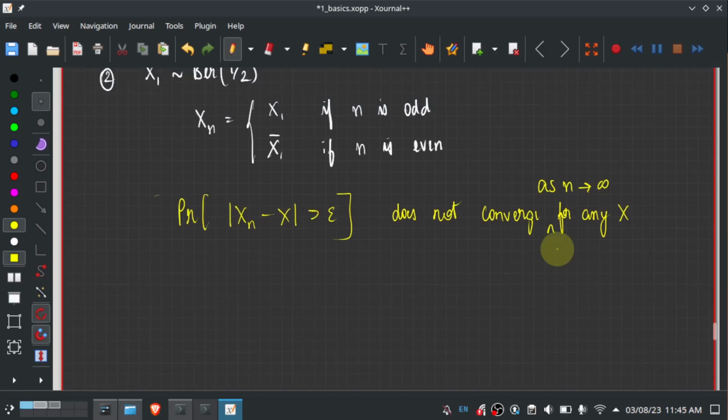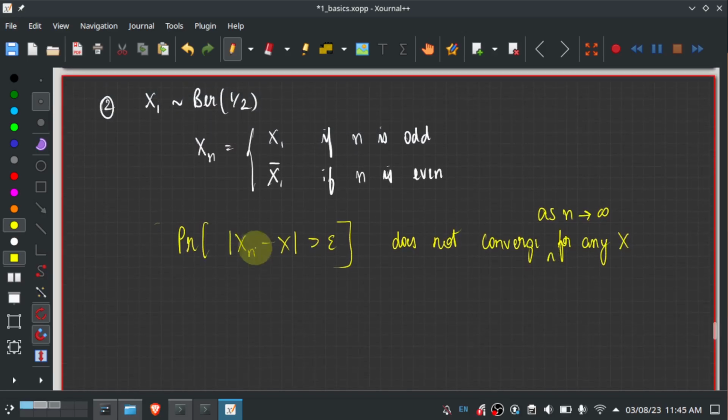But what can I say about the distribution of xn? What is f xn of x? So xn takes only two values, 0 or 1.